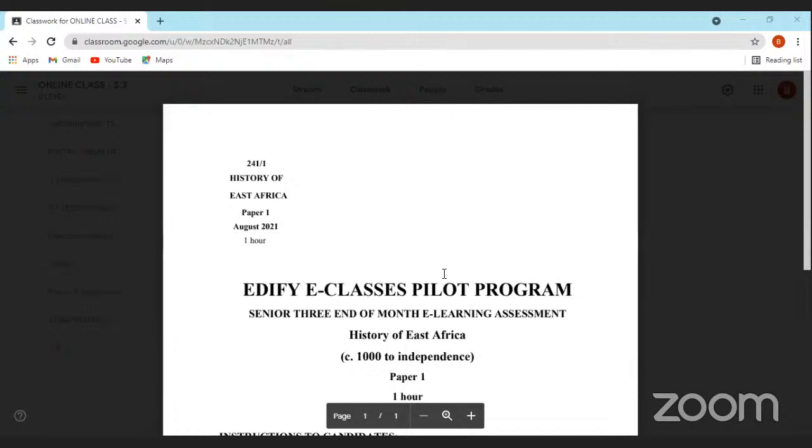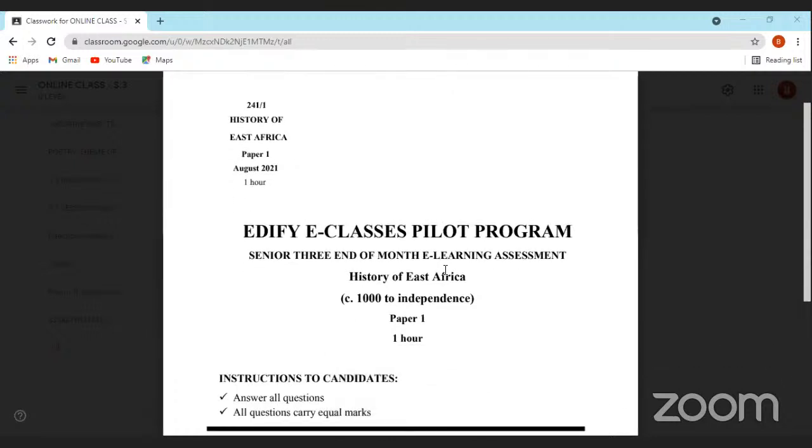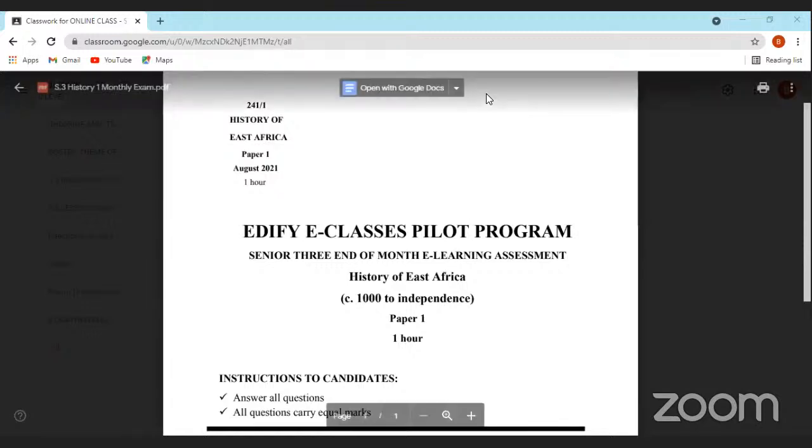You can tell me whether you are in a position to see this paper that I've shared. Are you seeing the paper on your screens? Yes. Okay, that is good. You can now mute.